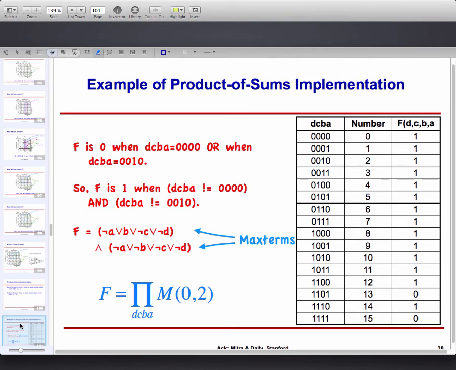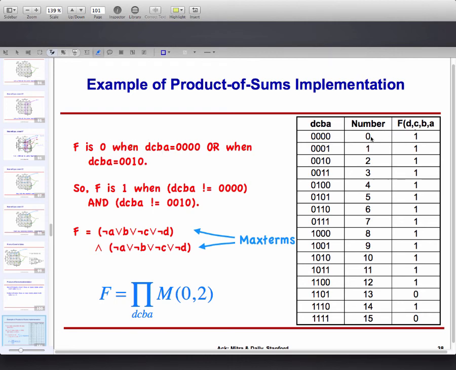So what we now do is, we take our truth table, and we are going to focus on things where the function is 0. So what we have is a function f which is 0 when DCBA is 0.